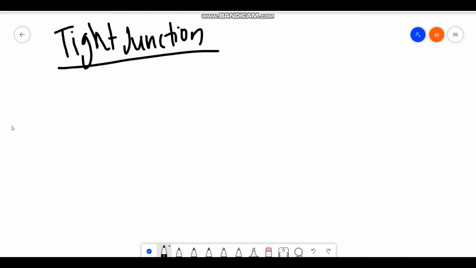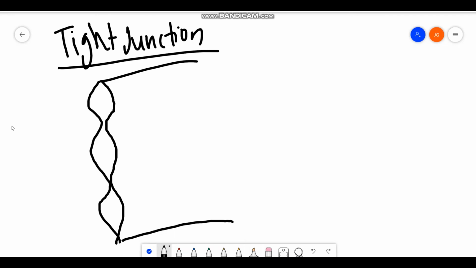So how do I want to draw this? Okay, I'm going to have this plasma membrane, and I'm making it wavy, and you'll see why. And I'm going to have another plasma membrane on the other side. Okay?